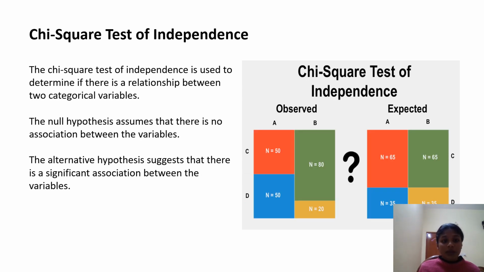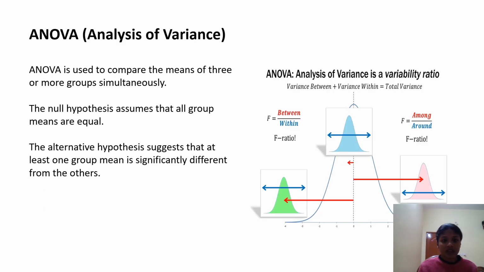Chi-square test of independence. The chi-square test of independence is used to determine if there is a relationship between two categorical variables. The null hypothesis assumes that there is no association between the variables. The alternative hypothesis suggests that there is a significant association between the variables. Analysis of variance.